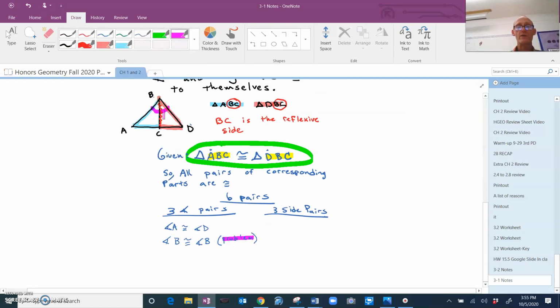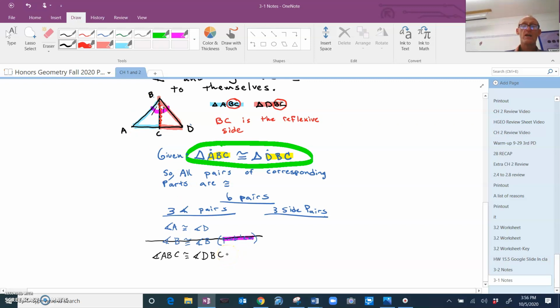I don't know what angle B you're talking about. So you have to spell it out. You have to be specific. So I have to say angle ABC is congruent to angle DBC instead of this, because I don't know what angle you're talking about. Now you do. ABC, DBC.